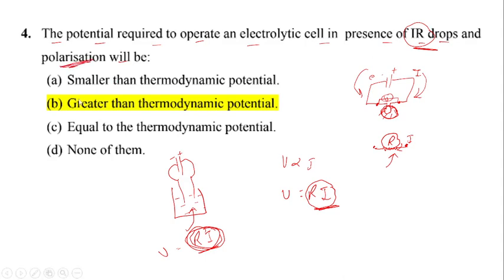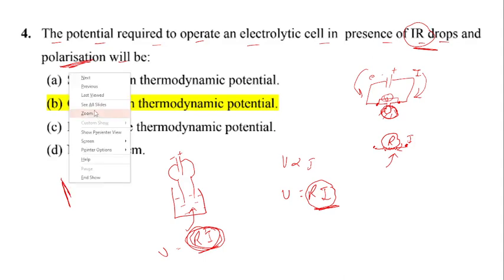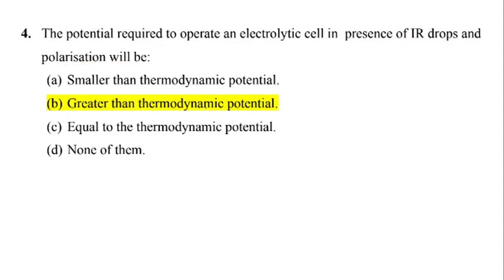So what is polarization? Again, it is a concept, let me explain. Suppose this is your electrode, I am drawing only the first one. This is one electrode, and suppose it is the negative electrode, kept in copper 2+ solution.